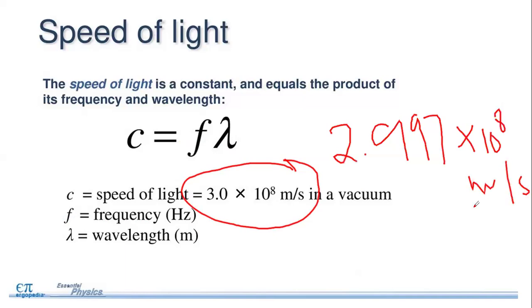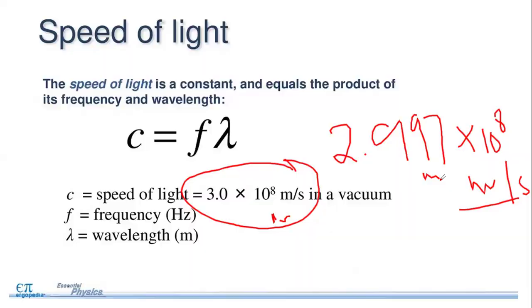It depends on what your lecturer wants you to use. If you want the 2.99, make sure you use the 2.99. If you want the 3.0, make sure you use the 3.0, because the answers will be slightly different. So make sure you use the one he recommends.